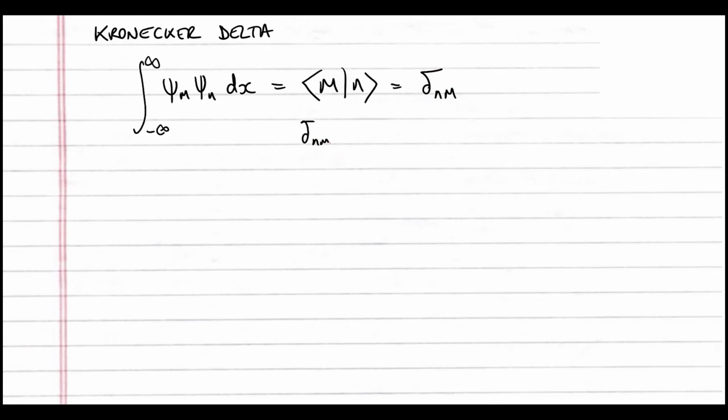Let's put the full integral in here, and we'll include our bra-ket notation. So here's the Kronecker delta: delta nm is equal to 1 when m is equal to n, and it's 0 when m is not equal to n.